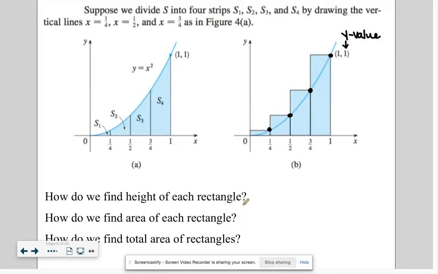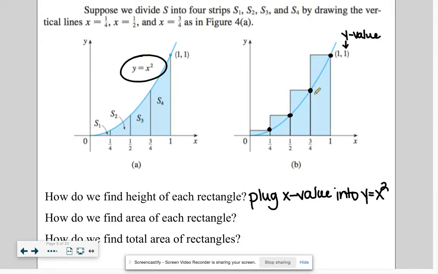So how do we find the height of each rectangle? Well, if you knew where it hit the curve, you would have that number. So all you have to do is plug the x value, in this case 3/4, into the equation for the curve, which is y equals x squared. That would give you the y value at that point, which is also the height of the rectangle.